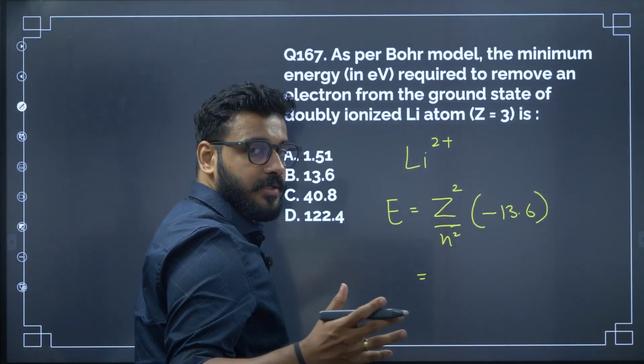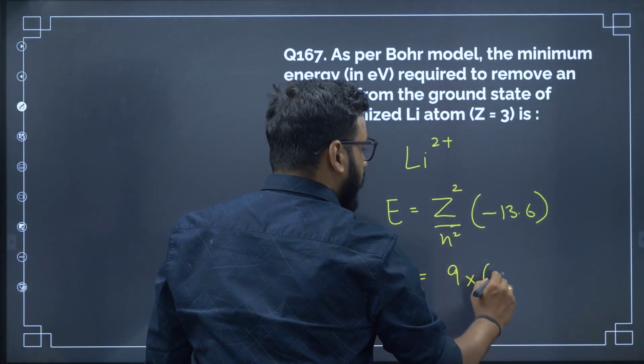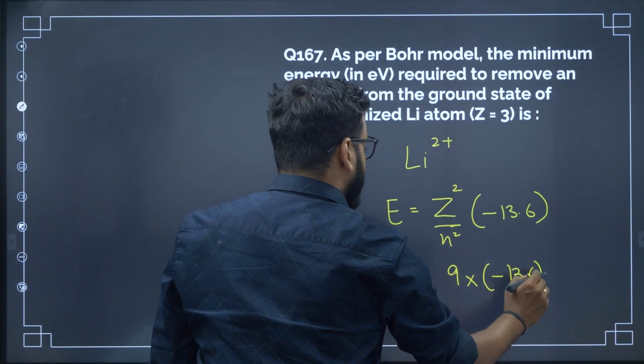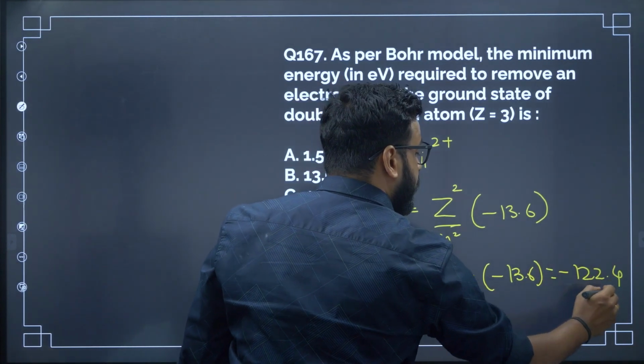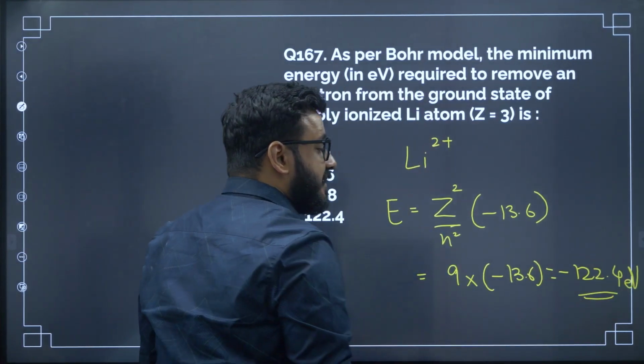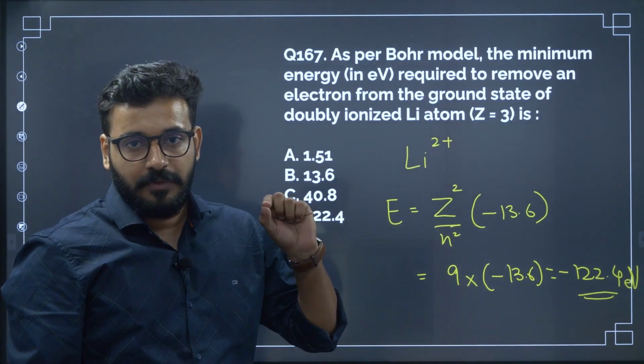Here ground state N is equal to 1, Z is equal to 3. So 9 into minus 13.6, it is approximately minus 122.4 electron volt. This is the energy of the electron in the ground state of the lithium atom.